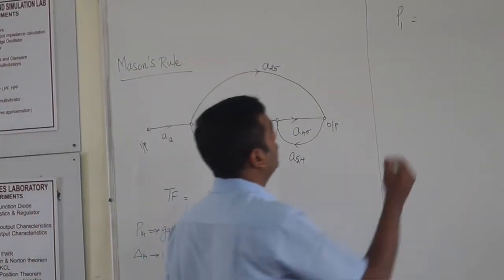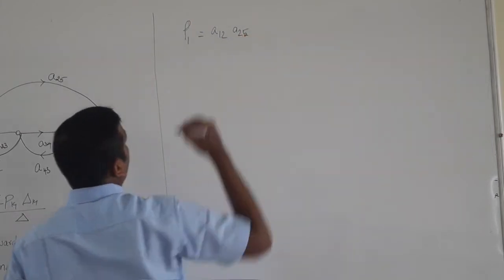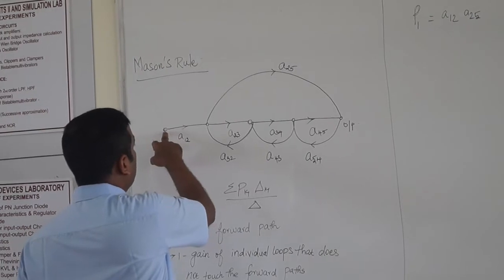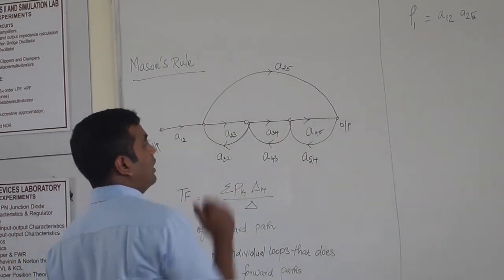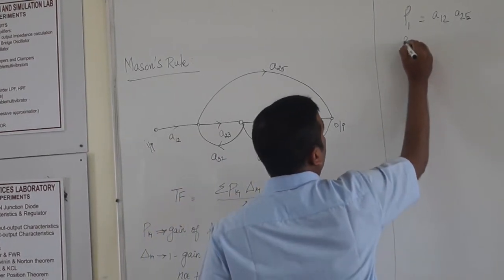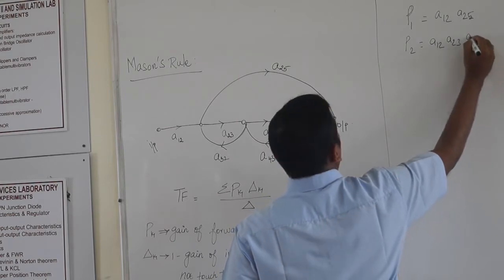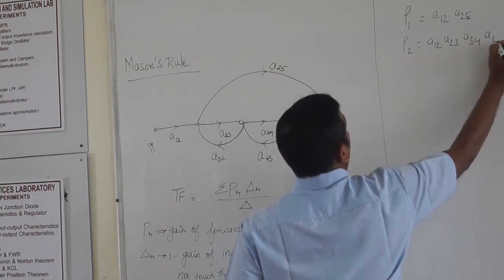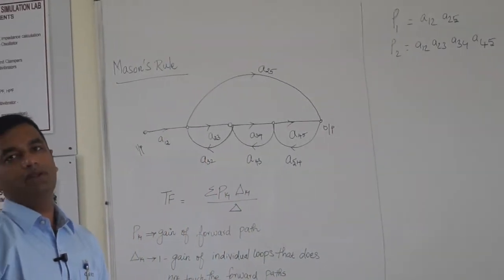This is the gain of the first forward path. Now let's look at the second forward path. A12, A23, A34, A45. So P2 is equal to A12, A23, A34, A45. This is the gain of the second forward path.